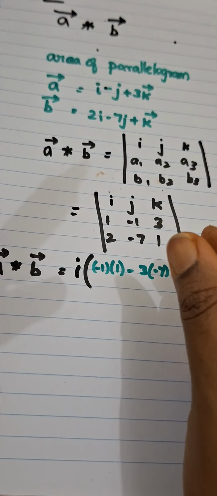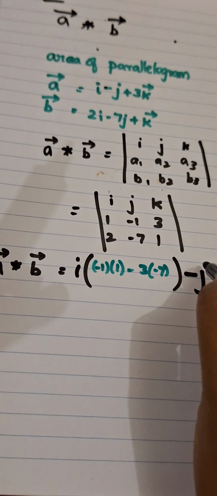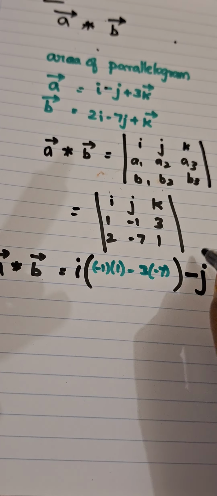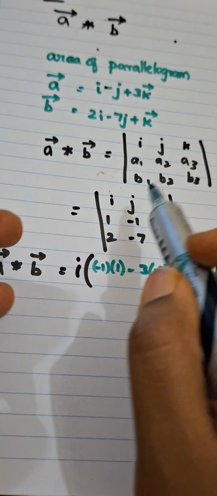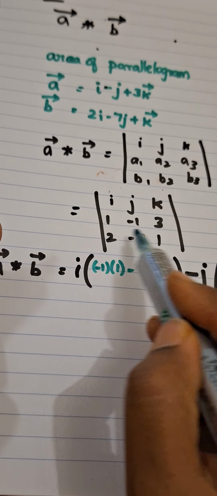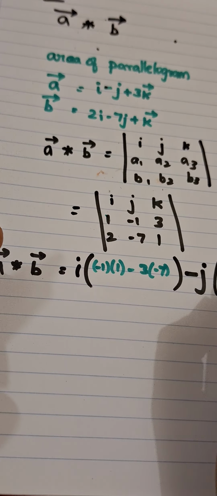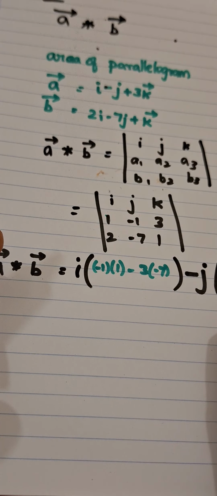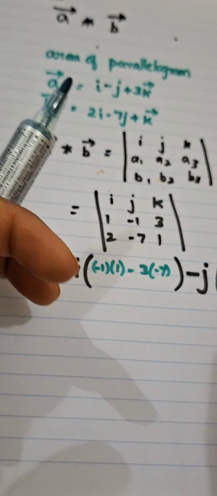Then minus j, because in the determinant the second column is taken as minus j: AD means 1 multiplied by 1, minus 3 multiplied by 2.